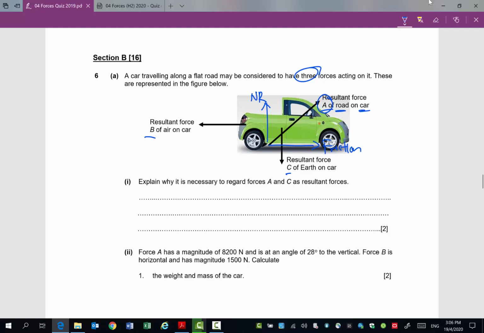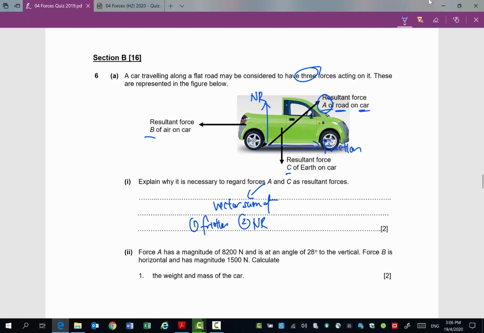This is the reason why we need to regard force A as a resultant force, because it is the vector sum of firstly the forward friction, and secondly the normal reaction force exerted on the car.